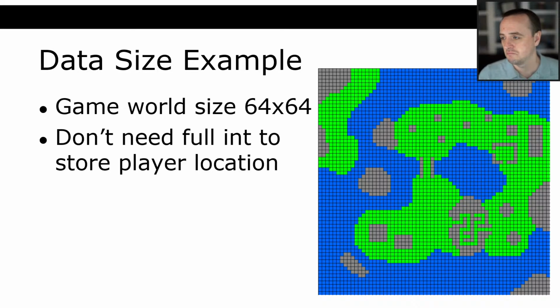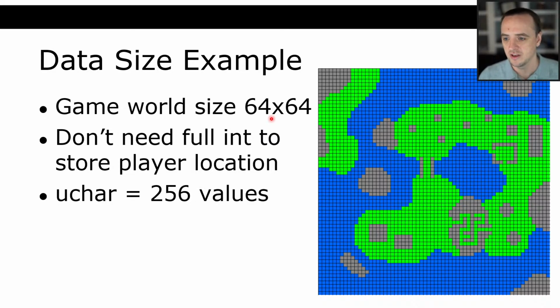But in this case, if you know that your map is size 64 by 64, and it's not going to get bigger than, say, size 256 by 256, then you could actually store the player's position, x and y, with an unsigned char instead of an int. You don't need the full 32 bits of an int to store this x and this y. You could just use a uchar.